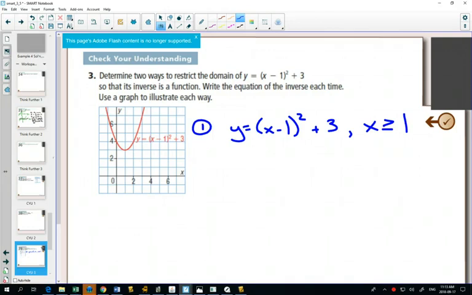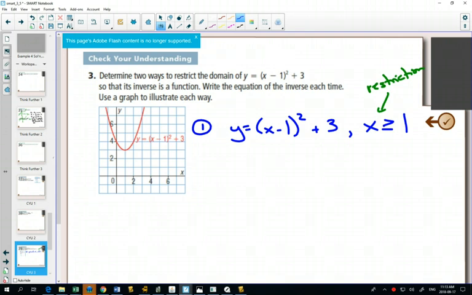So what this means is we still know this is a parabola, but the restriction right here says that our x values can only be bigger than or equal to 1, which means we only draw part of the parabola. We only draw the part where the x values are bigger than or equal to 1.